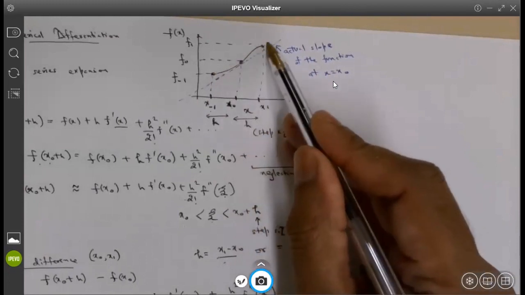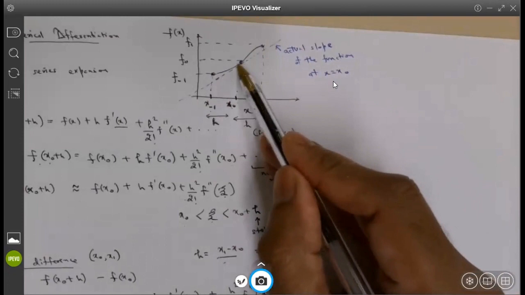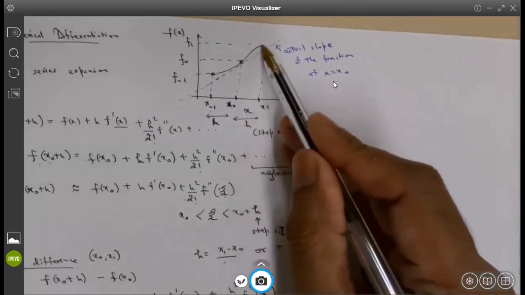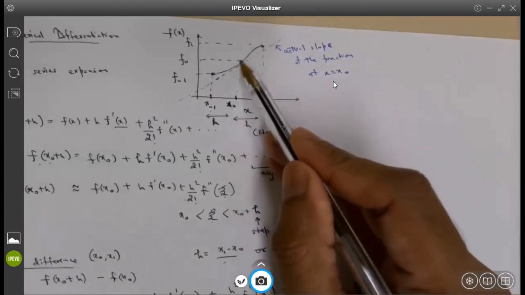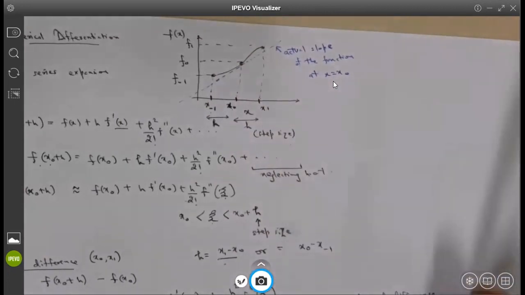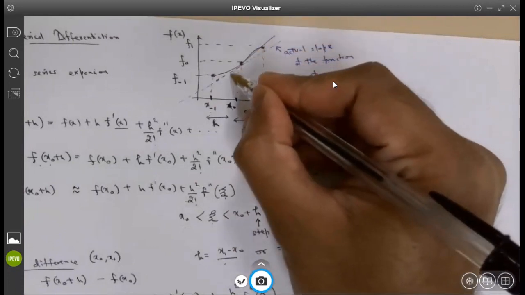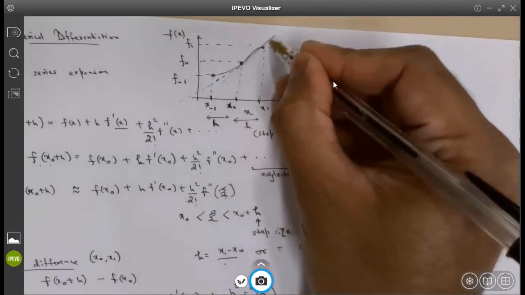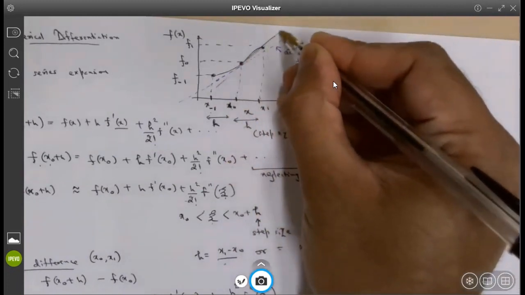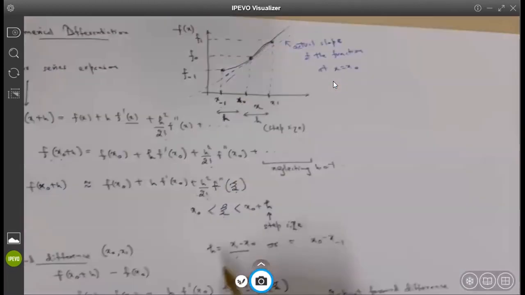Since I do not know it, I will use some data points for this function, which I obtained using some measurements. For example, I know the velocity at time t equals 0 and time t equals t1 seconds. I use these two data points and pass a straight line through them, and that defines my slope. That is the approximate slope for numerical differentiation using the forward difference formula.